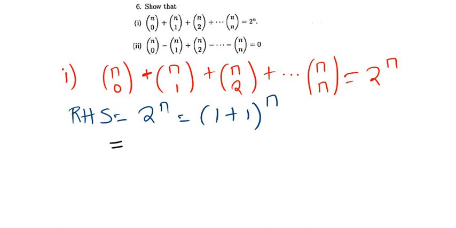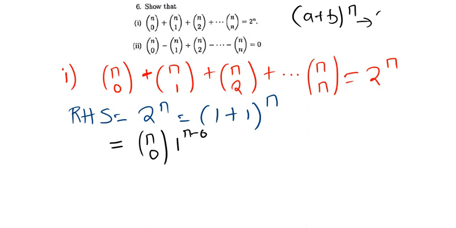So our right hand side becomes, we know the first part will be n choose 0, and then it will be 1 to the power n minus 0. Remember, we're still using the same formula, that is, if you're going to have a plus b raised to the power n, the formula is, for any term, n choose r, and then a will be to the power n minus r and b will be to the power r.